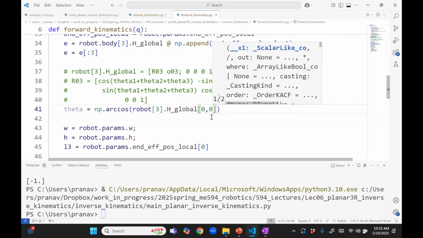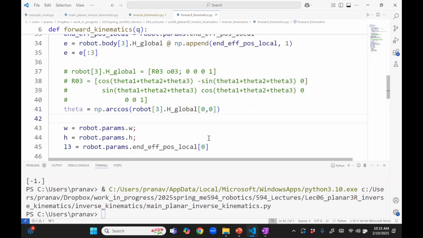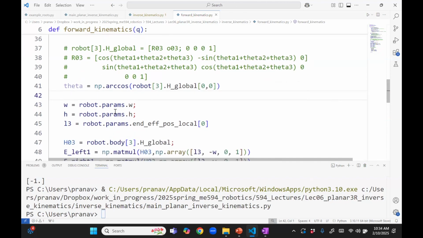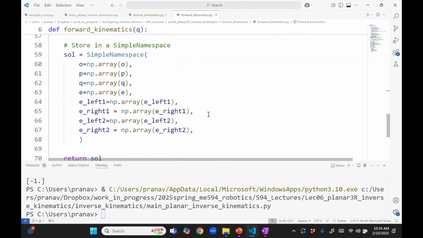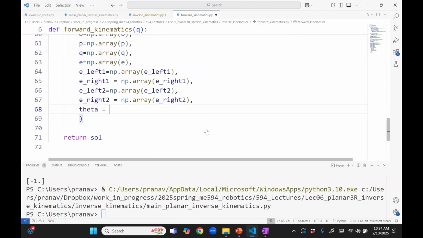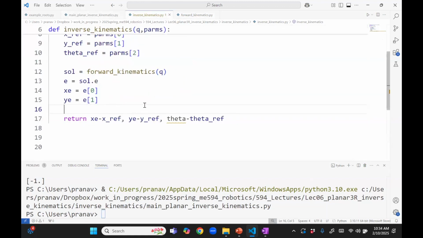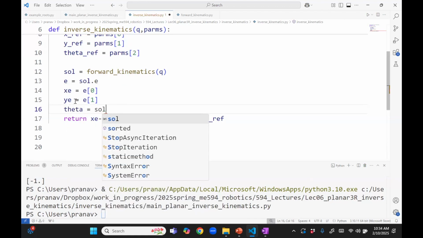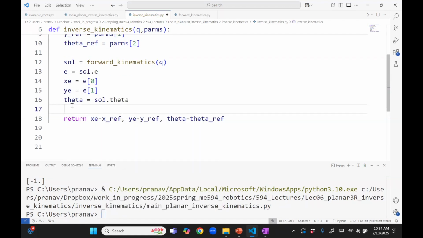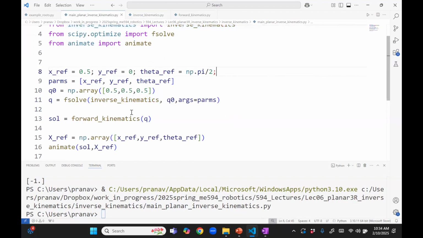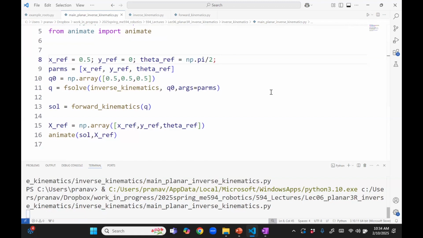Once I compute theta, I need to pass it back, so all I need to say is theta equals theta. Now it's available for the inverse kinematics. So this sol has theta, and now I've completed the f of x. If everything works fine, when I run this, it should give me the solution, which will then go to forward kinematics, which will do the animation. Okay, let's see if it works.